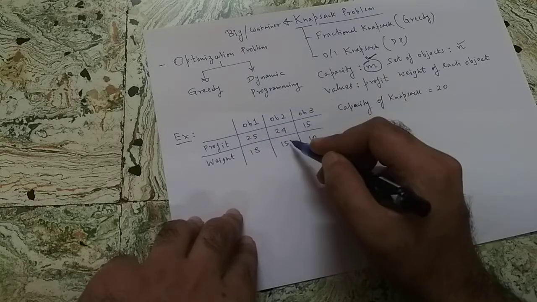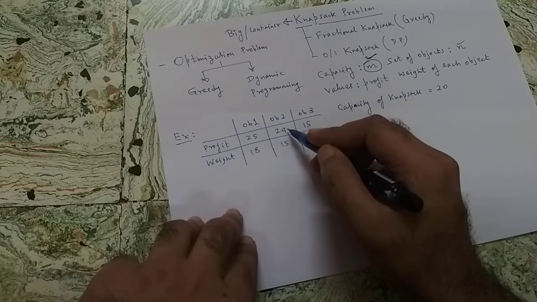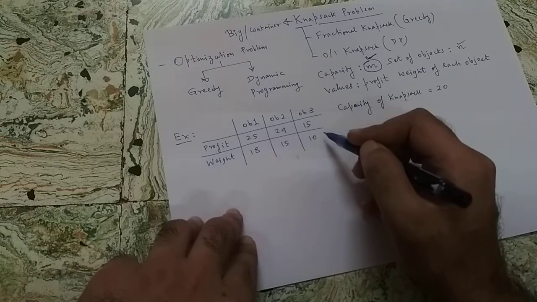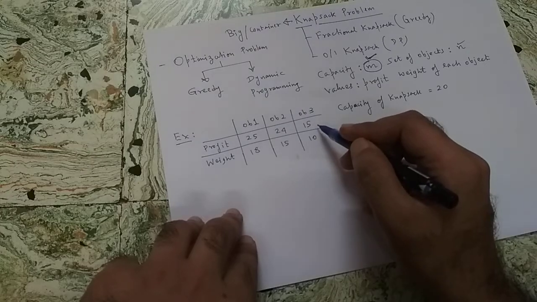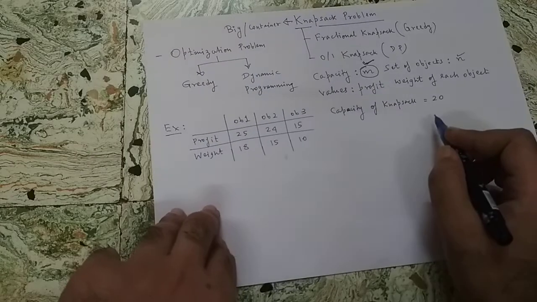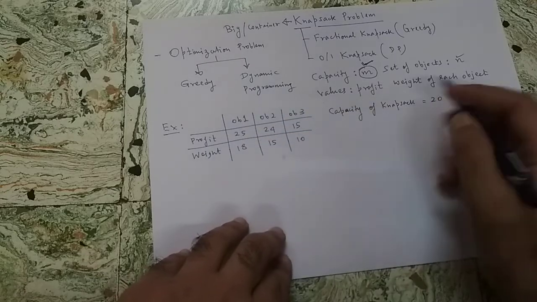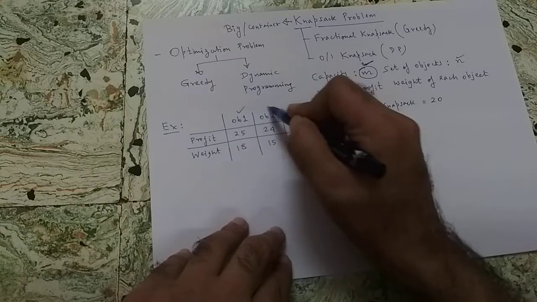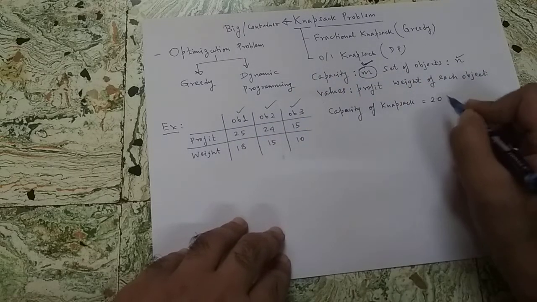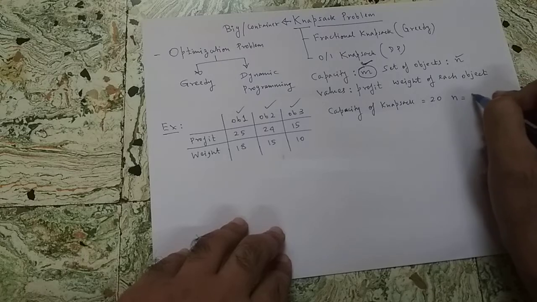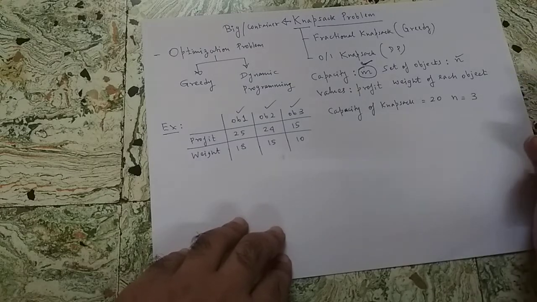Similarly, OB2 weighs 15 units and has a profit of 24 units. OB3 weighs 10 units and has a profit of 15 units. The capacity of the knapsack that has been given to us is 20. And from this table, we can infer that since there are 3 objects, the value of n is 3.